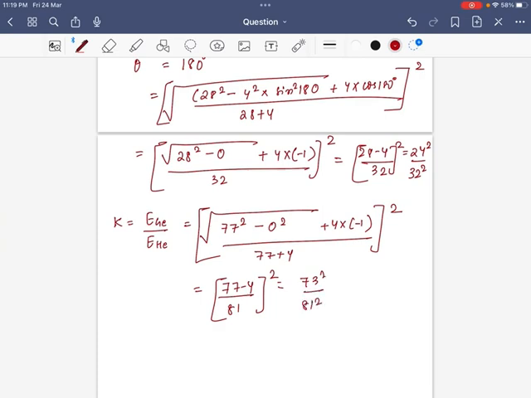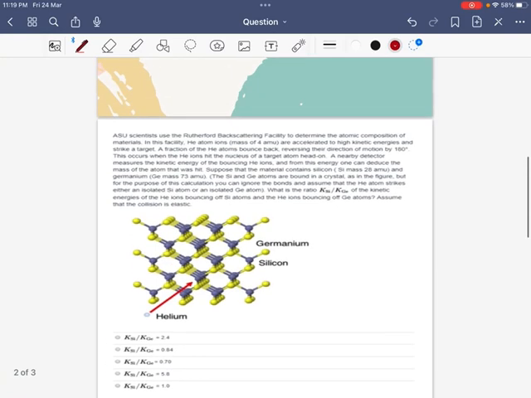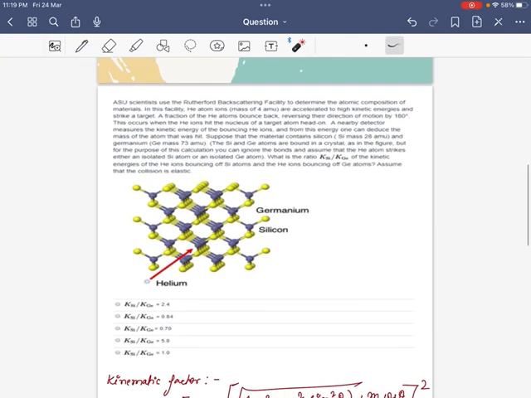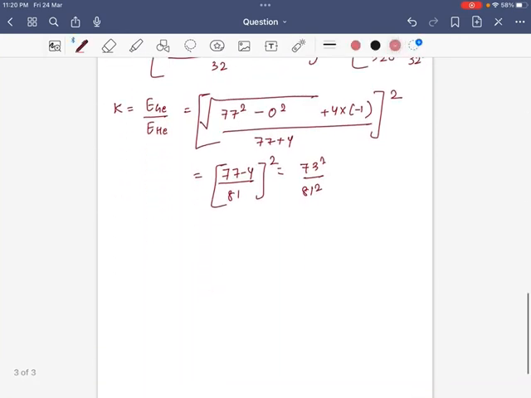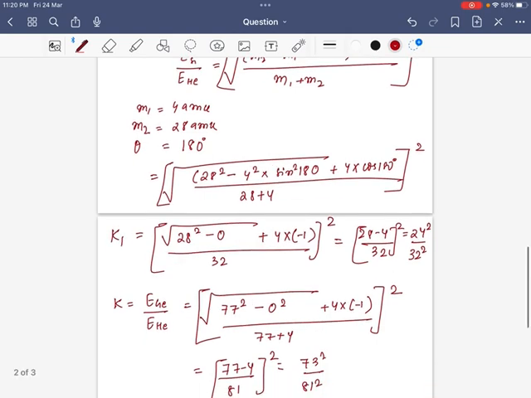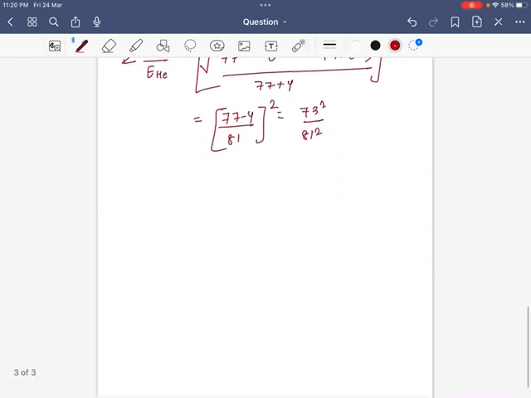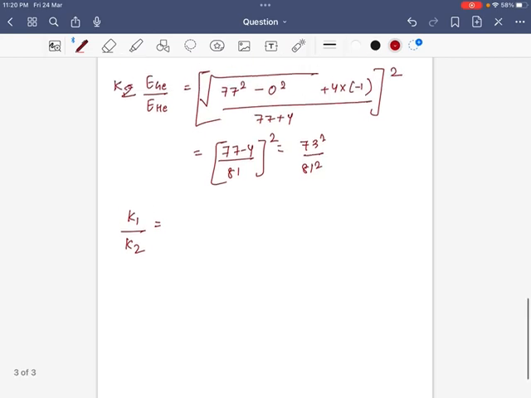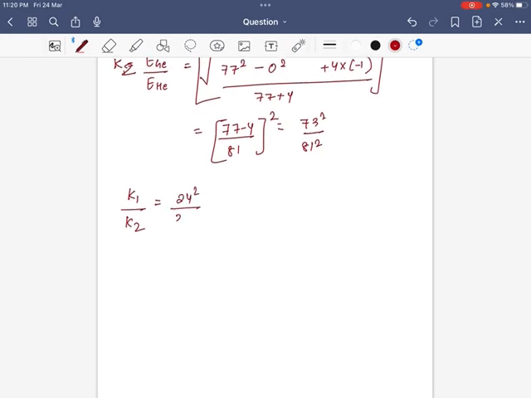So what we are concerned with is figuring out the ratio of the kinetic energy of the helium ion bouncing off the silicon atom to the helium ion bouncing off the germanium atom. So if I represent this as K1 and this one as K2, then K1 over K2 is equal to 24 square over 32 square times 81 square over 73 square, which comes out to be around 0.69, which is 0.7.